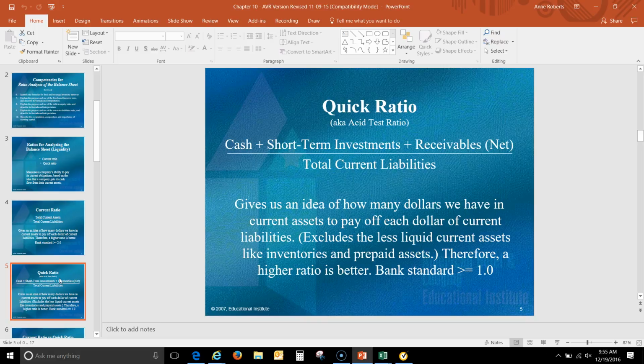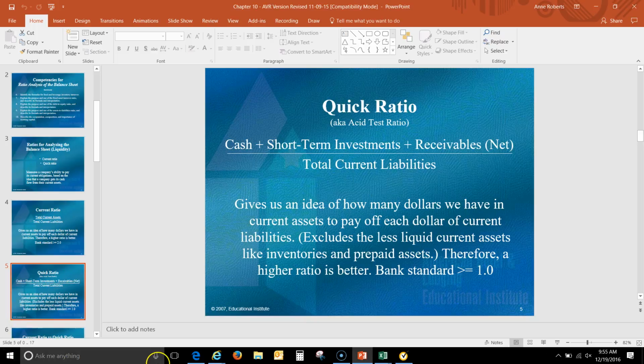Now again, what's the lowest that this number can go on a valid number? 0. And then it can go as high as infinity. So again, in this one, a higher ratio is better. Okay?